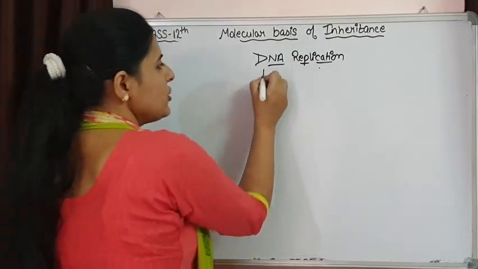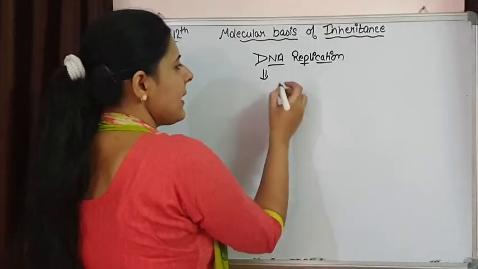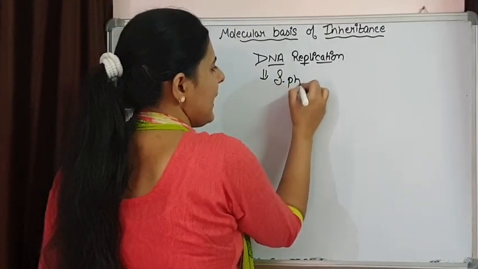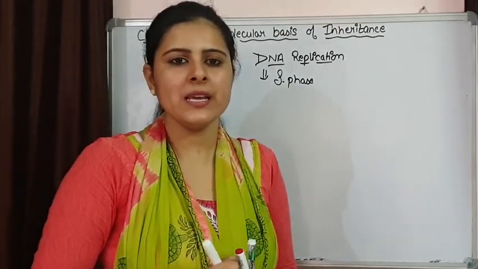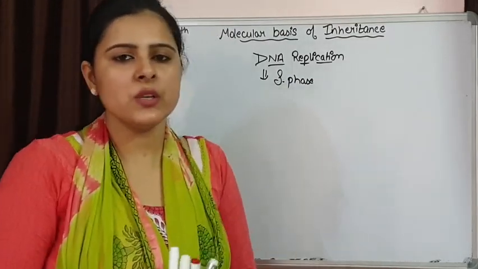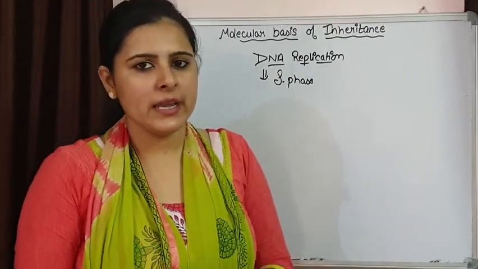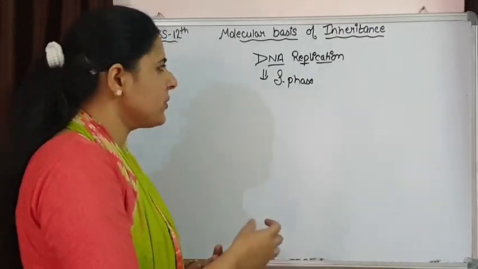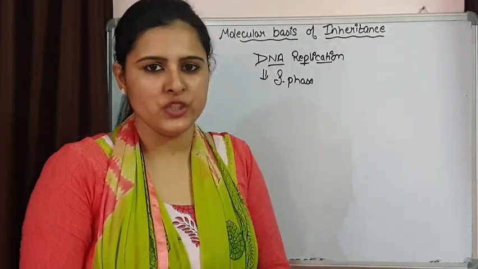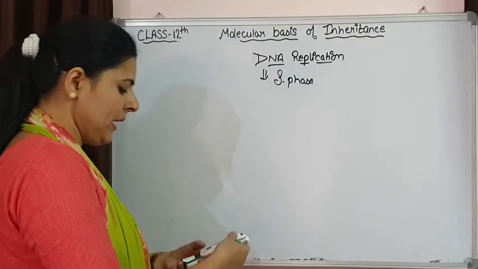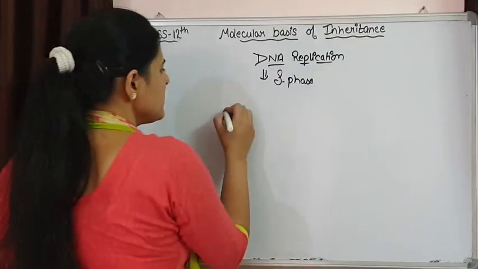We have already discussed in the cell cycle that DNA replication takes place at the S phase. During the division of cells, in the S phase, DNA replication takes place, and the amount of DNA will be doubled after replication. Now, let's see the experiment that was done by Meselson and Stahl.